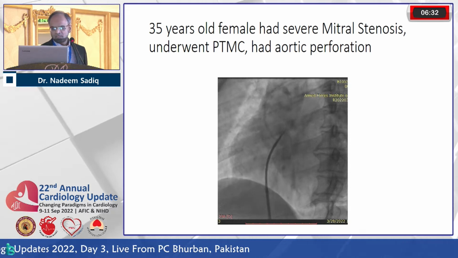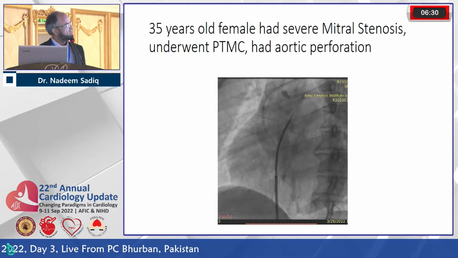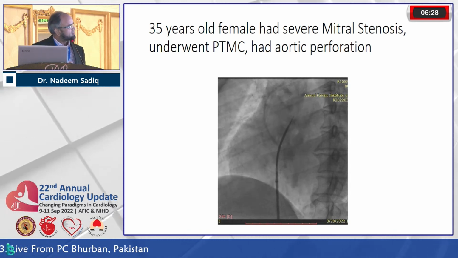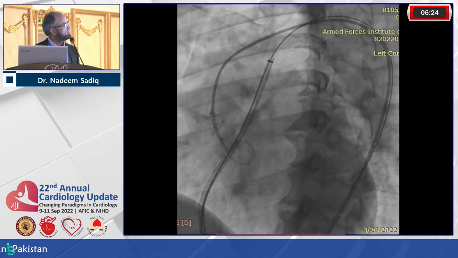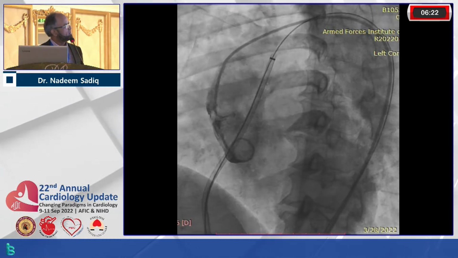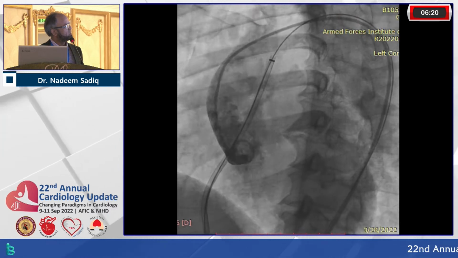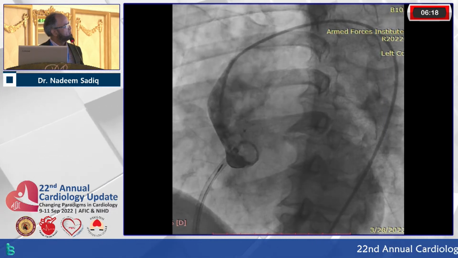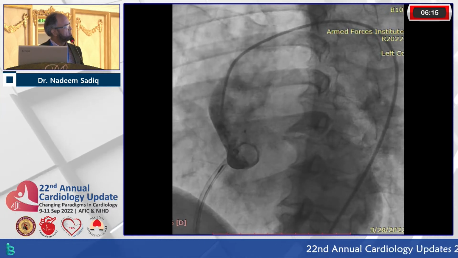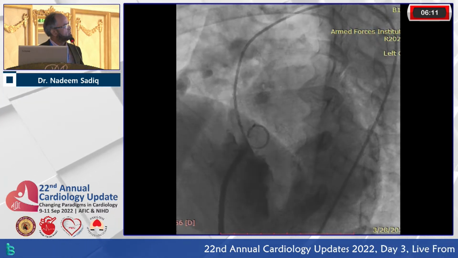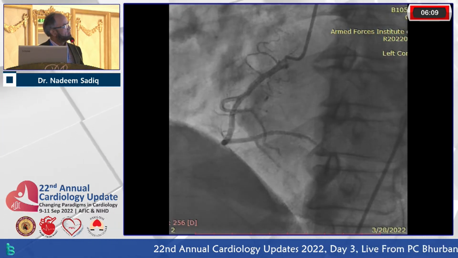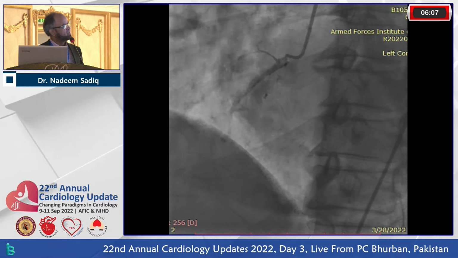A 6 French delivery system was passed, and a 6.4 millimeter MFO device was used to close this rent. This was the device placement, and the device was well placed, and there was no residual leak, and right coronary angiogram showed unobstructed blood flow.